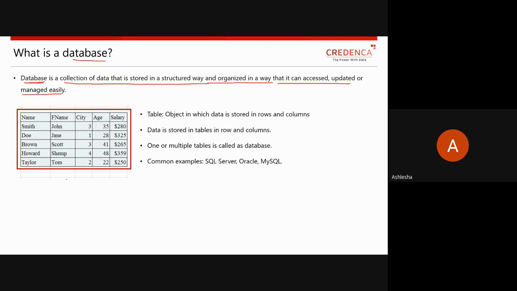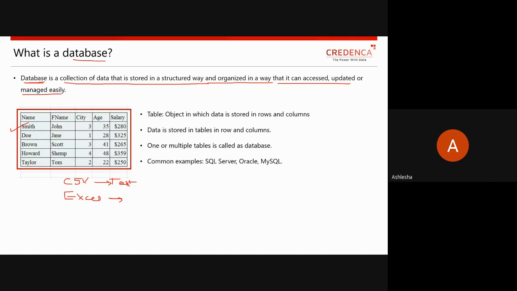There are different formats to store data, like text format and others, like Excel, for example. In Excel, you can see your data has been stored in a tabular format. There is one more type of data structure, like CSV.